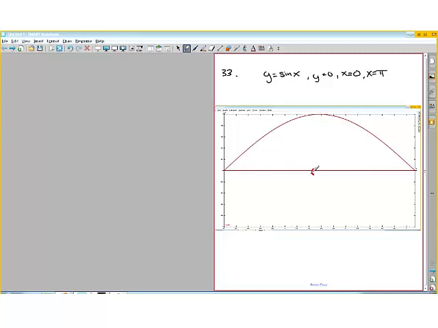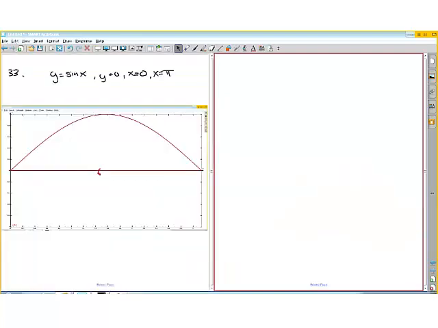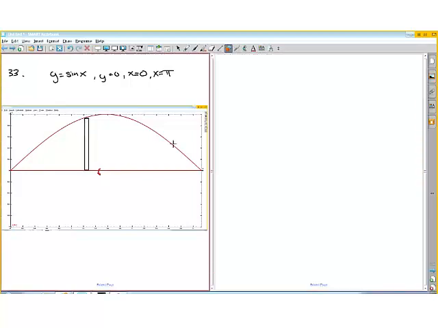So this thing will rotate around, and it's symmetric. So theoretically we could do half of it and multiply it by 2, but we don't need to. So again, let's draw a rectangle to show what we'd revolve around the x-axis. It would be something like that. So that's my rectangle. The top of the rectangle is the sine of x, and the bottom is 0.